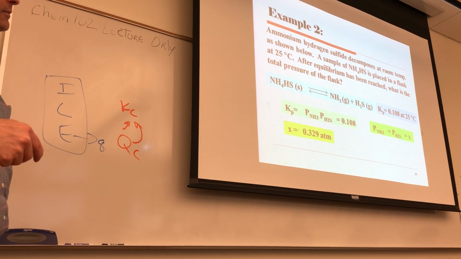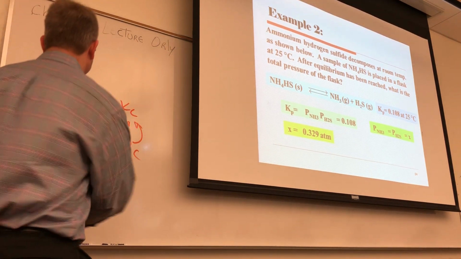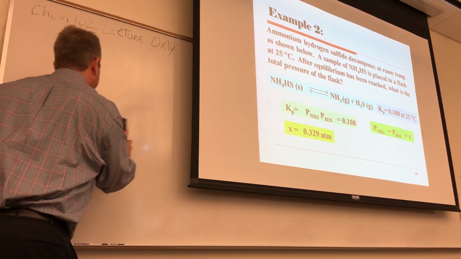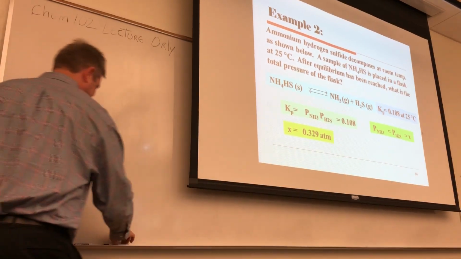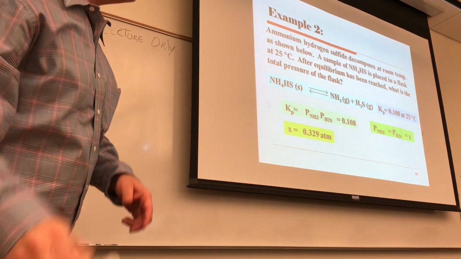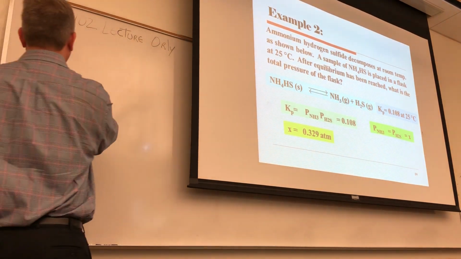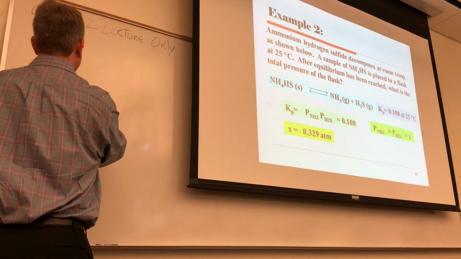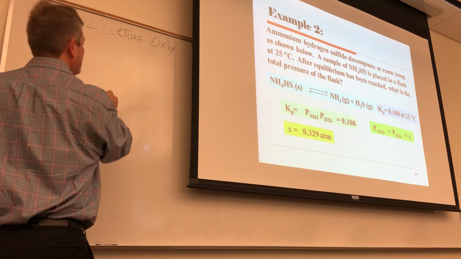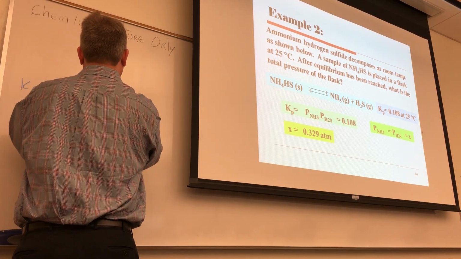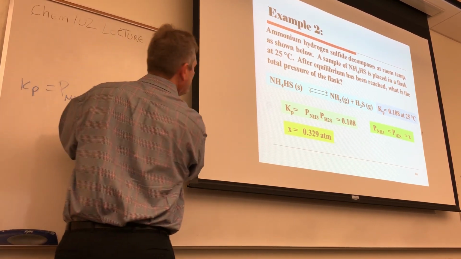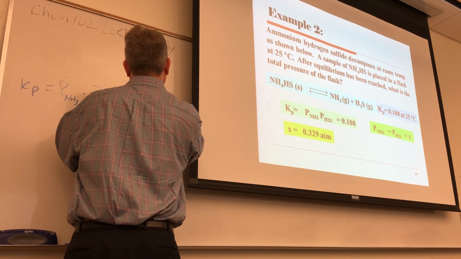What is this here? Maybe I should write this out. I sense some silence. Let me make sure that everybody's following along. All I did was I said Kp is equal to the partial pressure of NH3 times the partial pressure of hydrosulfuric acid, which is equal to 0.108. Okay.